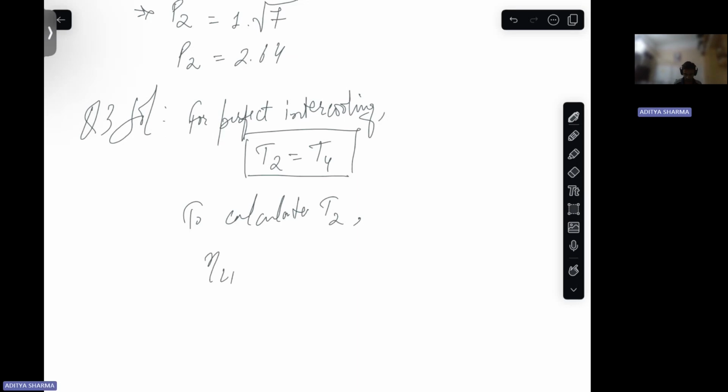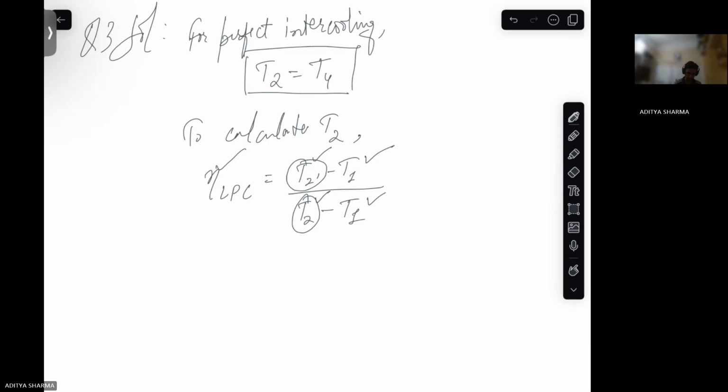We have been given the efficiency as 0.88, and the efficiency of the first compressor, the low pressure compressor, can be written as this. T1 is known to us, 310. T2 dash is not known to us. T2 we need to find out. This we don't have. This we have.